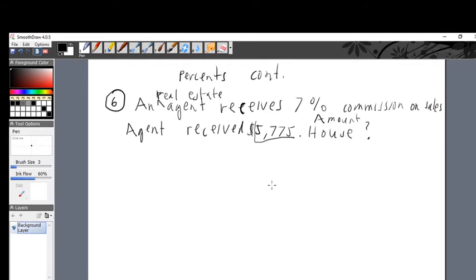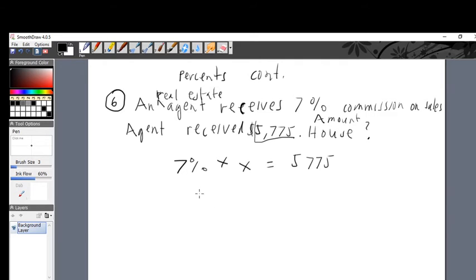So there was the 7% commission on the sale of the house. So it's going to be 7% times whatever the house cost, is what got the real estate agent $5,775.